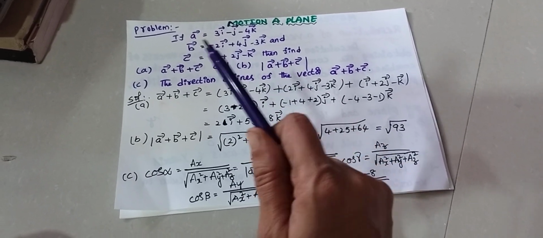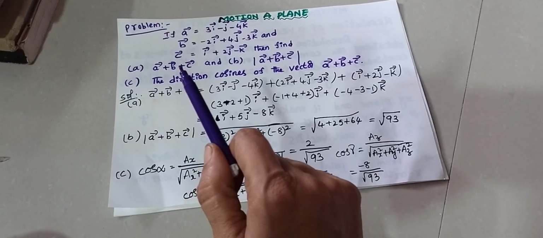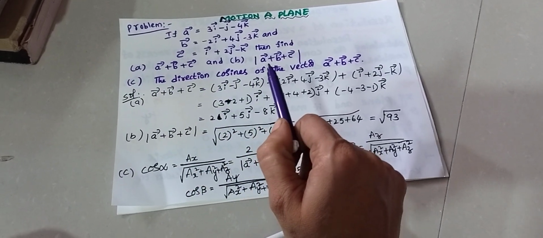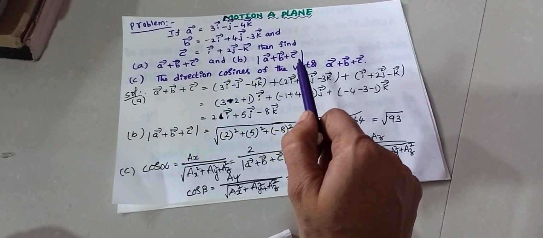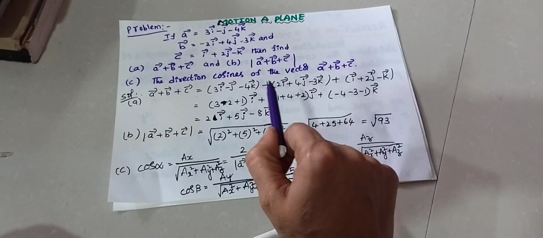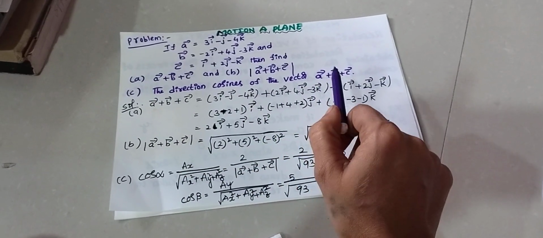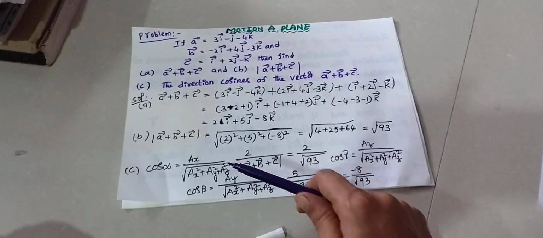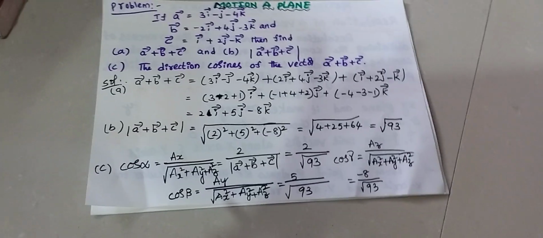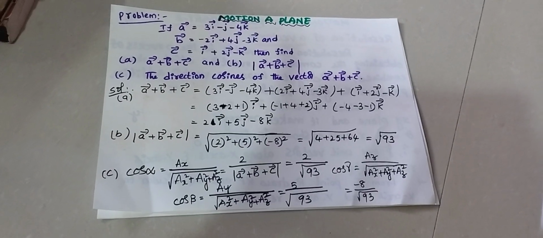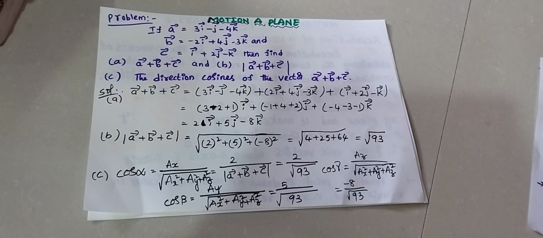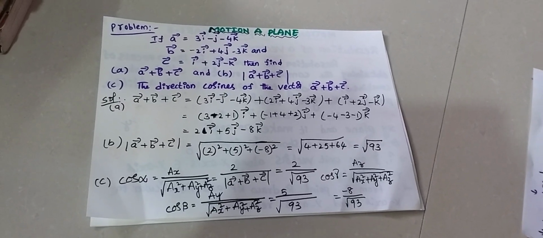Find first, A bar plus B bar plus C bar. Second, the modulus of A bar plus B bar plus C bar. Third, the direction cosines of the vector A bar plus B bar plus C bar. Now we can calculate the magnitude and the direction of the given vector.